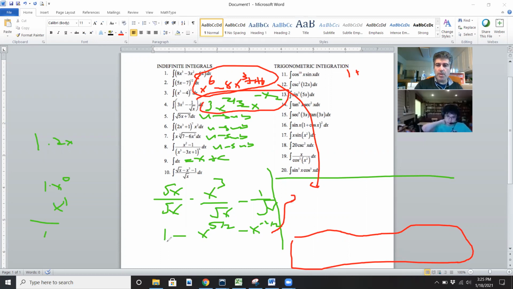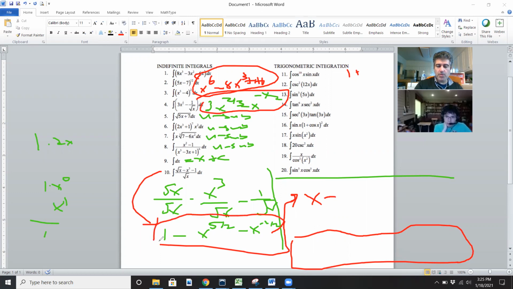So start with 1. We do the antiderivative of 1. That's just x. Wait, this is 10, right? Number 10, yeah. So we're working on this part right here. The antiderivative of 1 is x, and then you have x to the 5 halves.